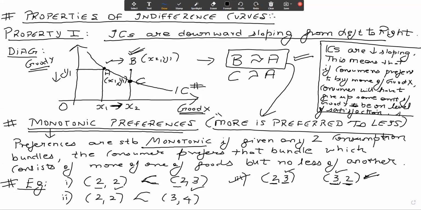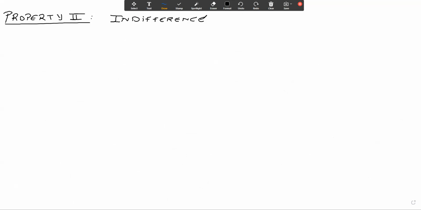Let's look at property 2, guys. Property 2 simply says that indifference curves are convex to the origin.